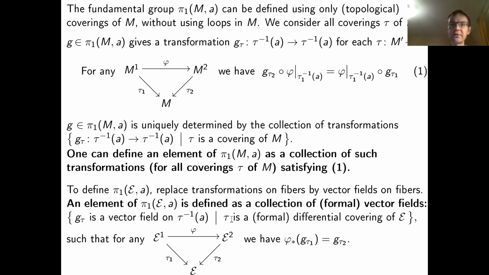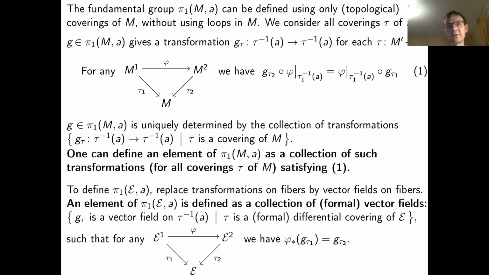For each covering, we specify a vector field G tau on the fiber, and those vector fields must satisfy this property for any commutative diagram. So one element of the fundamental algebra is such an infinite collection of vector fields. The Lie bracket is then given by the usual commutator of vector fields. As a result, one gets a Lie algebra. All right, this is the main idea.